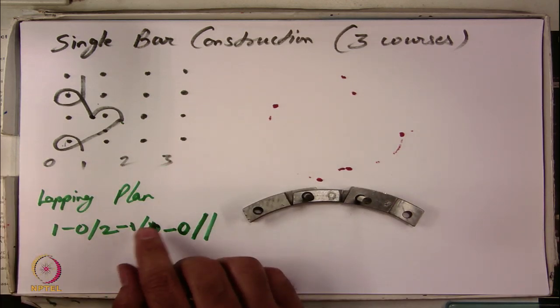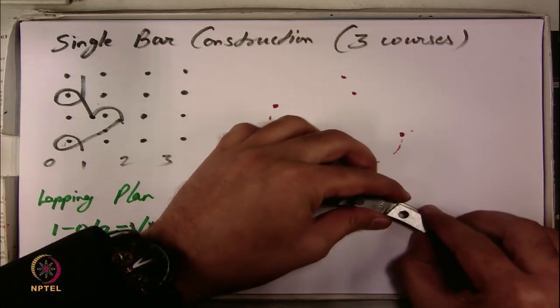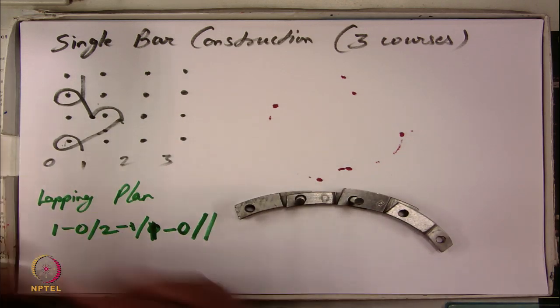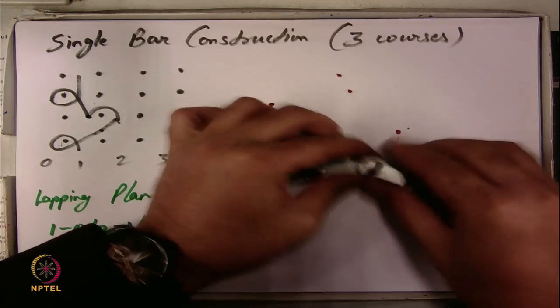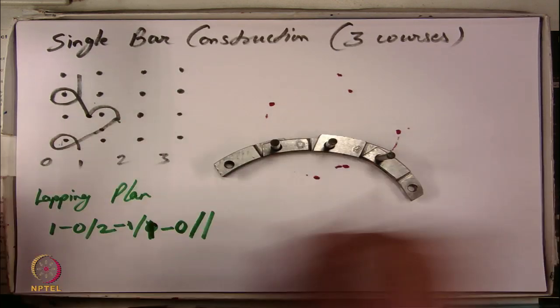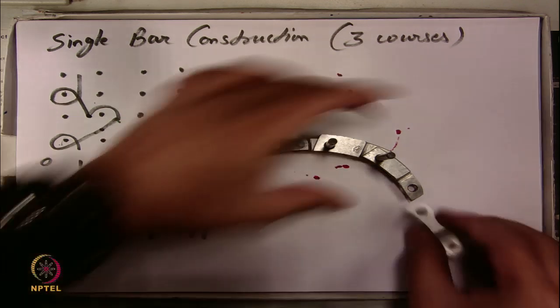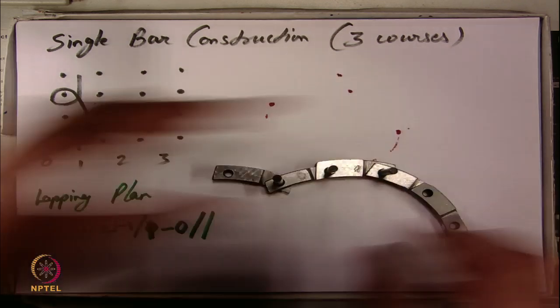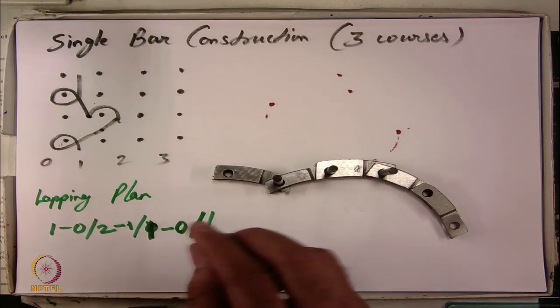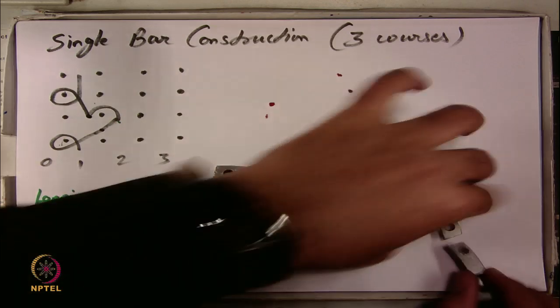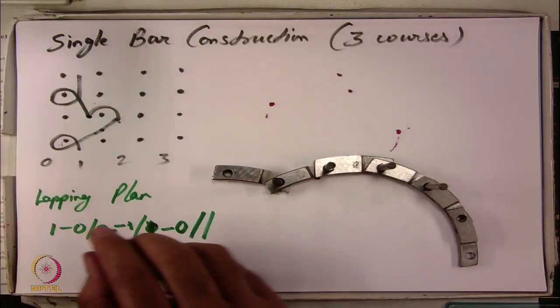After that, again one position, we can fix it here. After that, again from 1 to 1, you can fix it here, and then from 1 we are going to 0 position, okay.